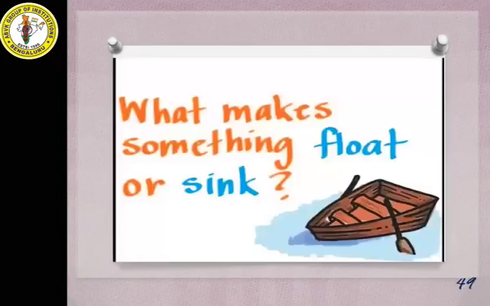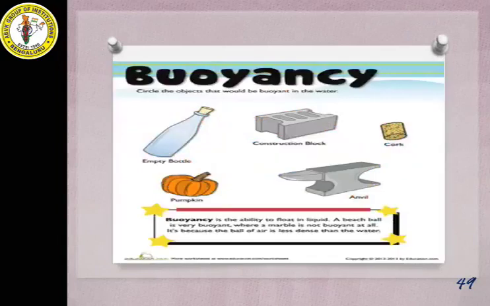So what makes something float or sink? Why will some objects sink? Why will some objects float? That is the concept called buoyancy. Buoyancy is the ability to float in liquids. The beach ball is very buoyant whereas a marble is not buoyant at all.